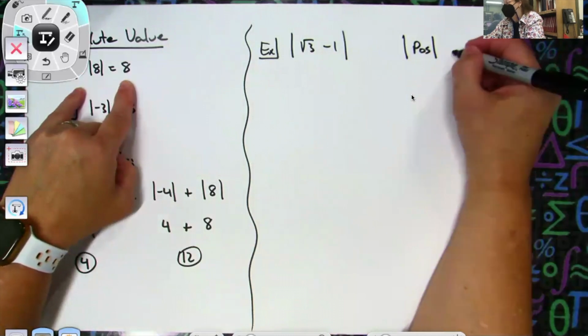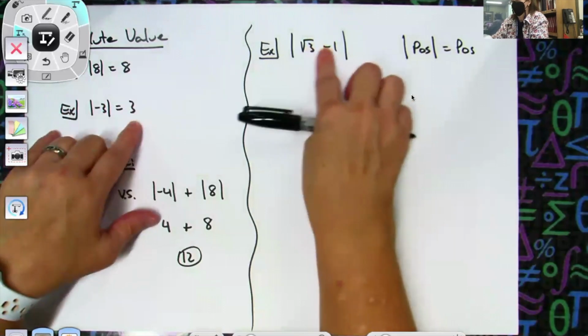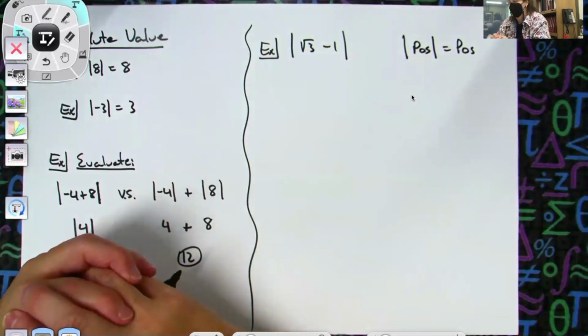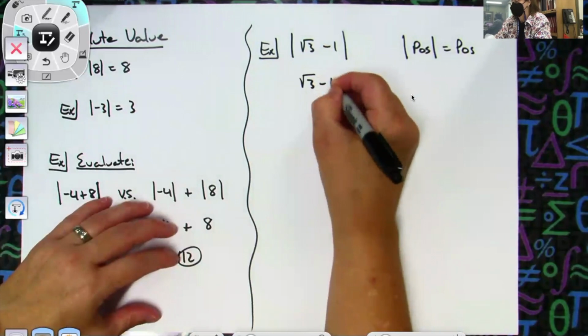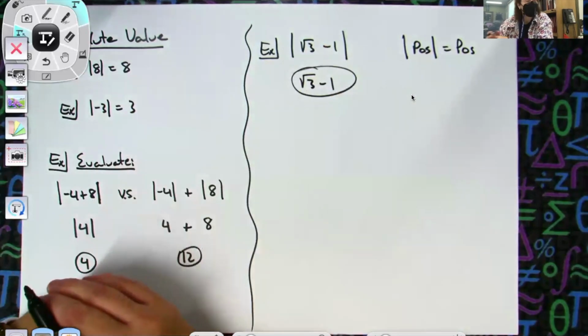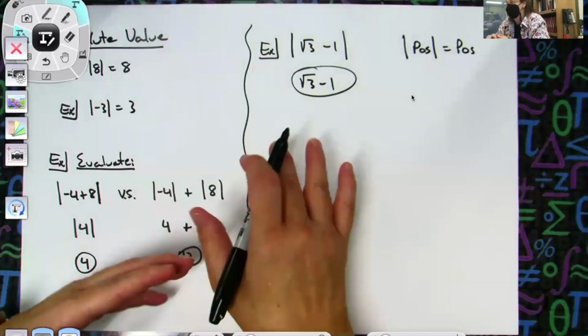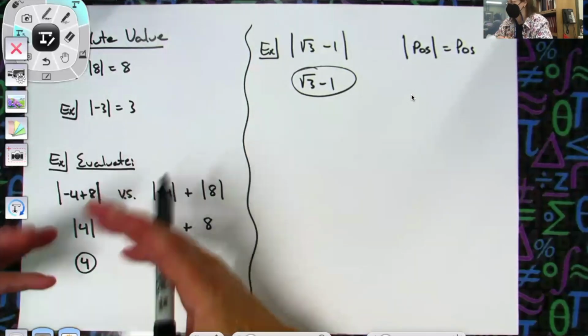I got my positive number back. So if I know this value inside the absolute value bars is going to be positive, then my answer is the same thing, the square root of 3 minus 1. All right, no need to turn that into a decimal. No need to put the square root of 3 in your calculator, minus 1. Okay, just use a little bit of your head.